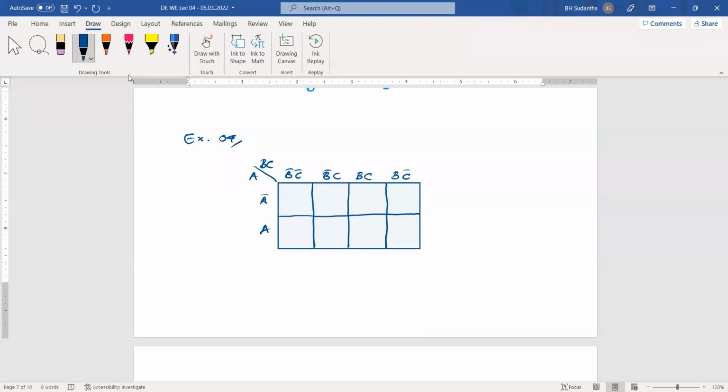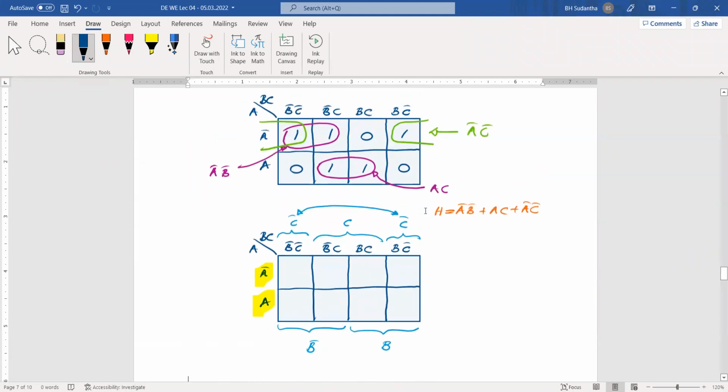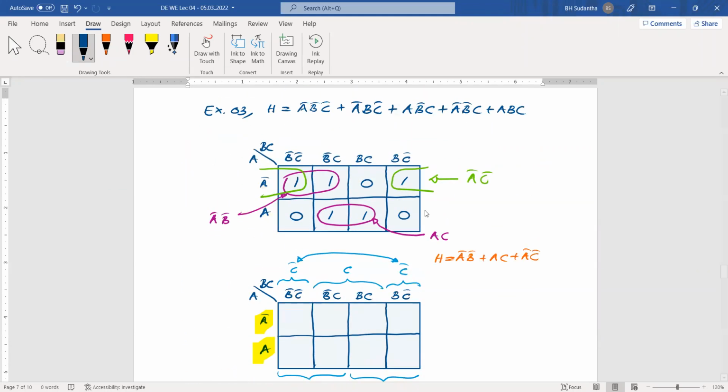Okay, shall we try this one? Yes, we can use one twice, but it should be meaningful. I mean you are asking to make a group like this.